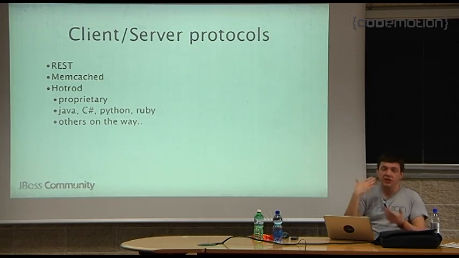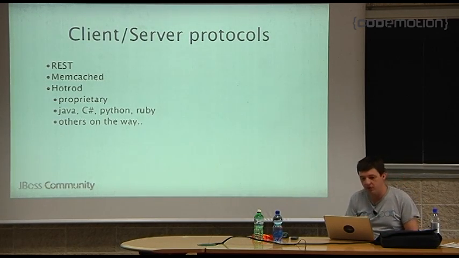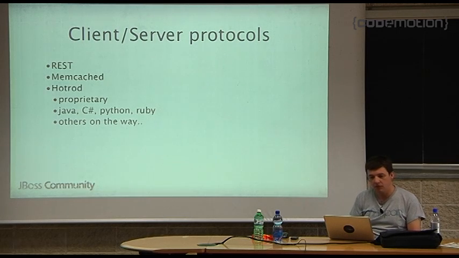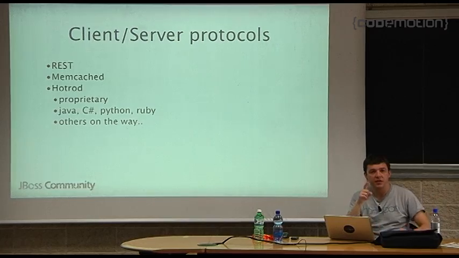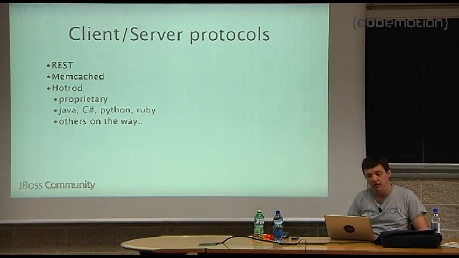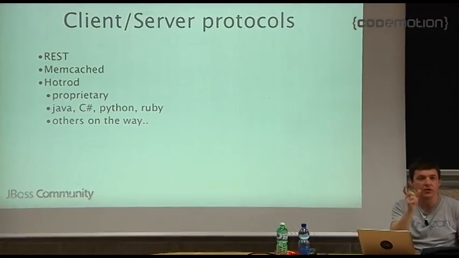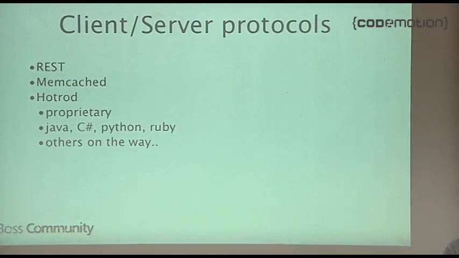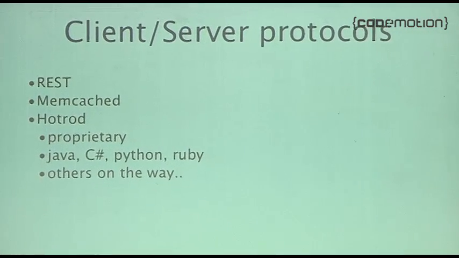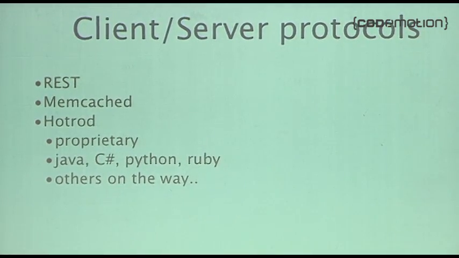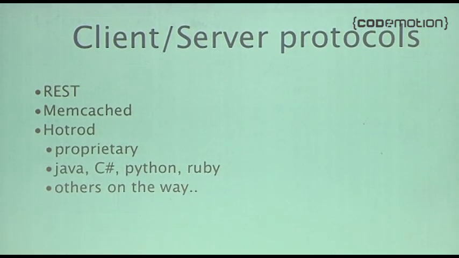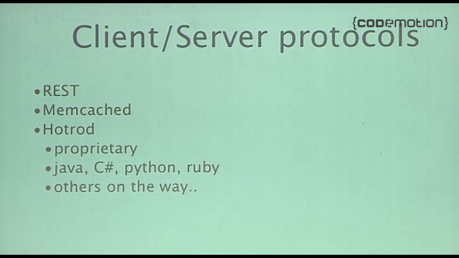The client-server access can be done in several ways. Well, REST, you can start Infinispan and tell it, open a REST endpoint. That means that you can send HTTP requests as described by the REST protocol. You have whatever HTTP client you want to use for that. You can also put an HTTP load balancer on top of it so that you can balance requests between the Infinispan nodes.